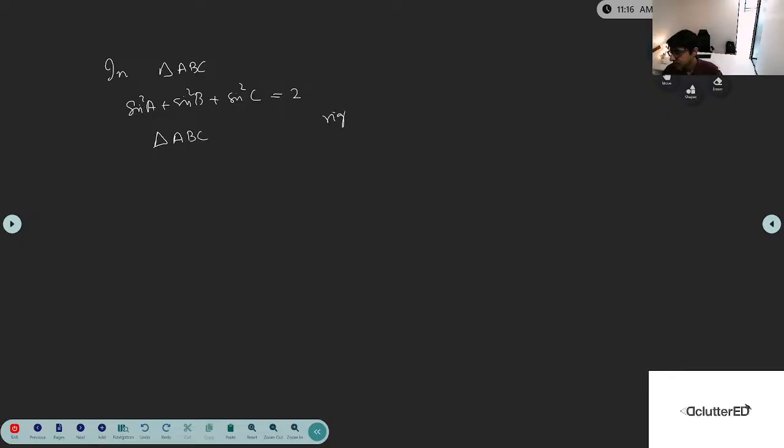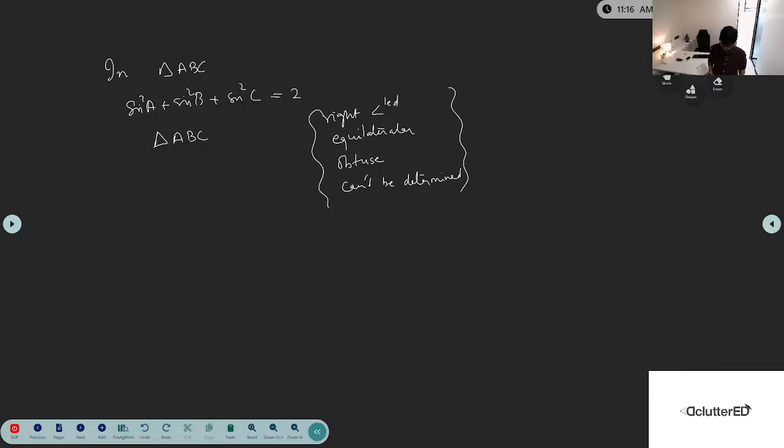The options are right angled, equilateral, obtuse, cannot be determined. So these are the options, and we have to determine what the nature of the triangle is.